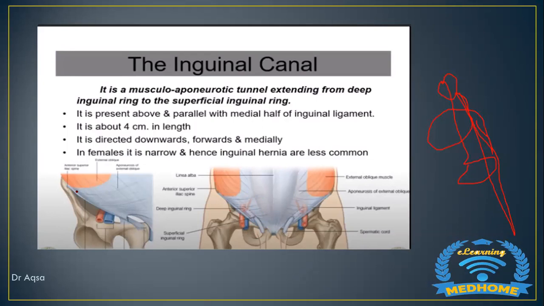In this diagram, coming from the back side, this is the anterior superior iliac spine and the pubic tubercle. Posteriorly we have the deep inguinal ring, and we have the superficial inguinal ring. In between, the space is called the inguinal canal.